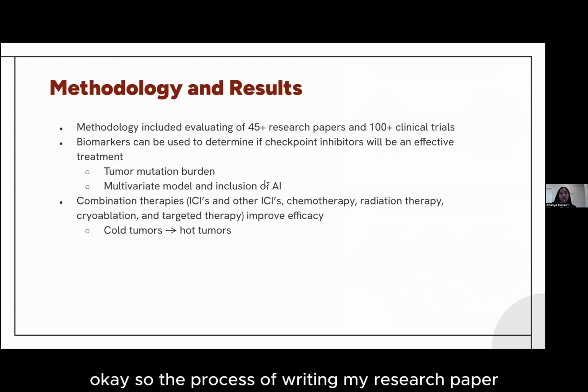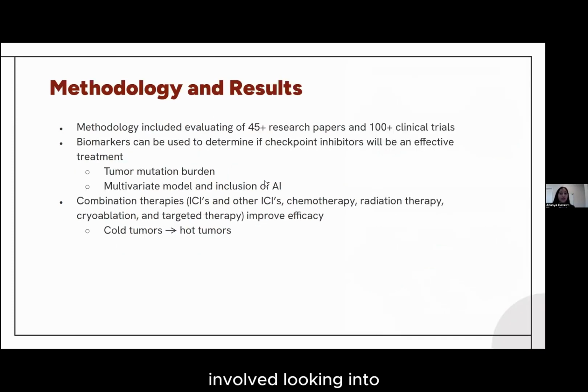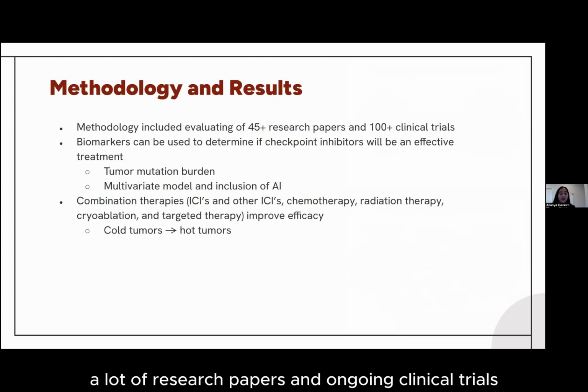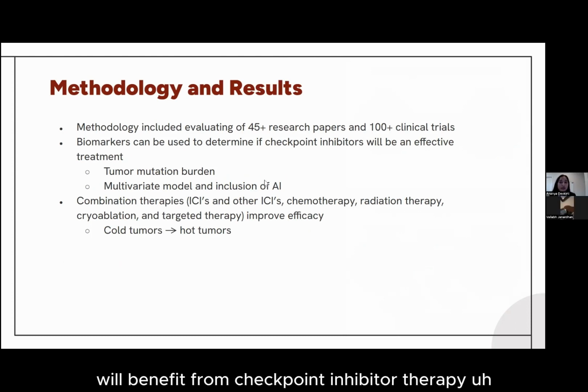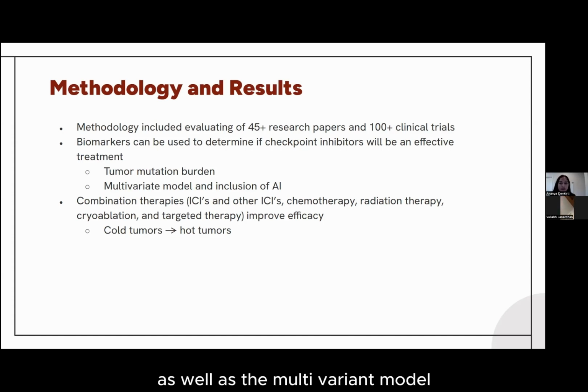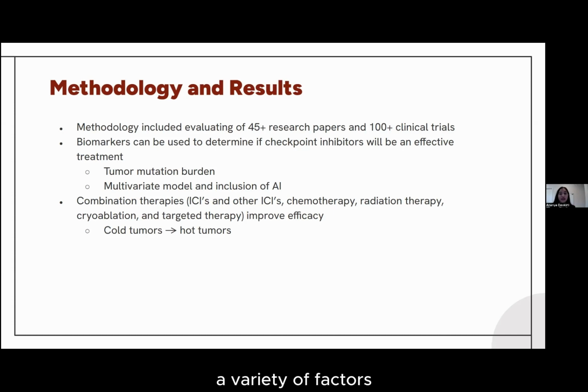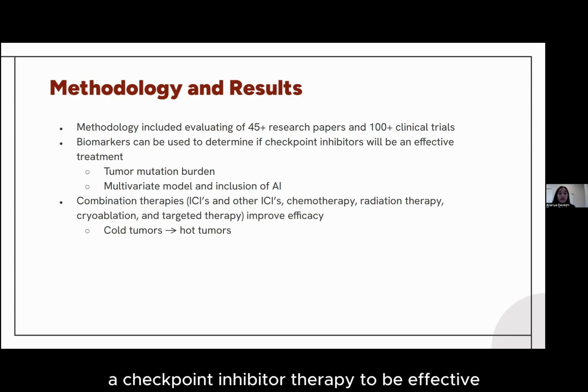The process of writing my research paper involved looking into a lot of research papers and ongoing clinical trials. And I learned about biomarkers, which are a way to determine whether patients will benefit from checkpoint inhibitor therapy. Some of these included the tumor mutation burden, which looks at the number of cell mutations, as well as the multivariate model, which takes in a variety of factors to determine whether patients will find checkpoint inhibitor therapy to be effective.